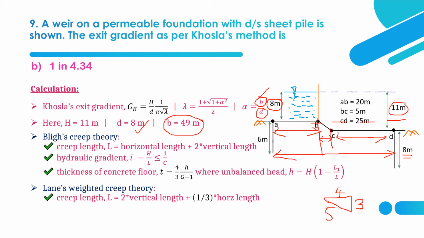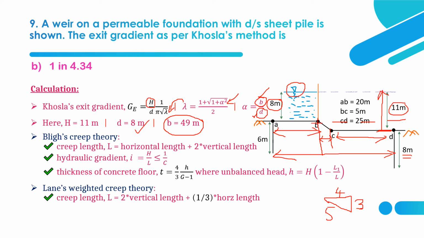So we know the value of B, we know the value of small d, and just substitute for alpha, and the value got for lambda is here, and we know what is H. H is nothing but the level difference between upstream side and downstream side. Here the upstream water is mentioned, and in the downstream side there is no water present. So the depth is measured from the base of the permeable foundation of the weir in the downstream side.